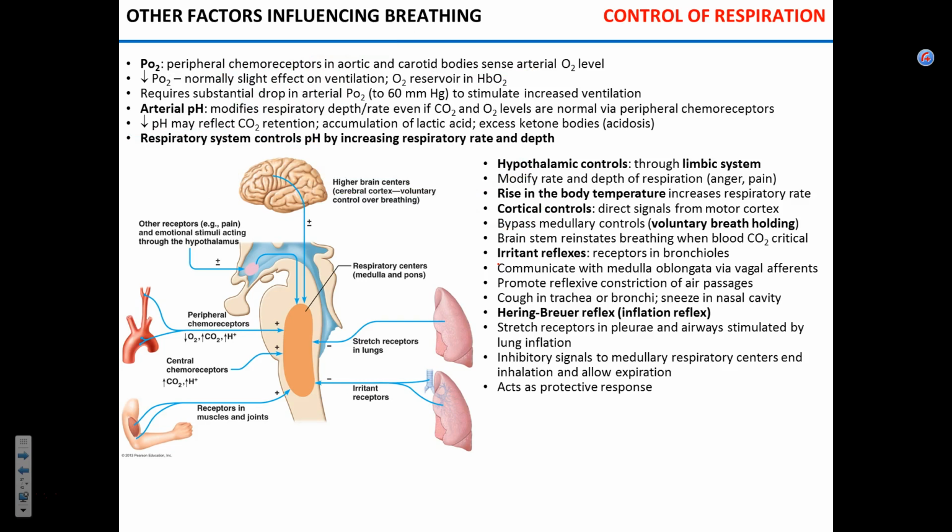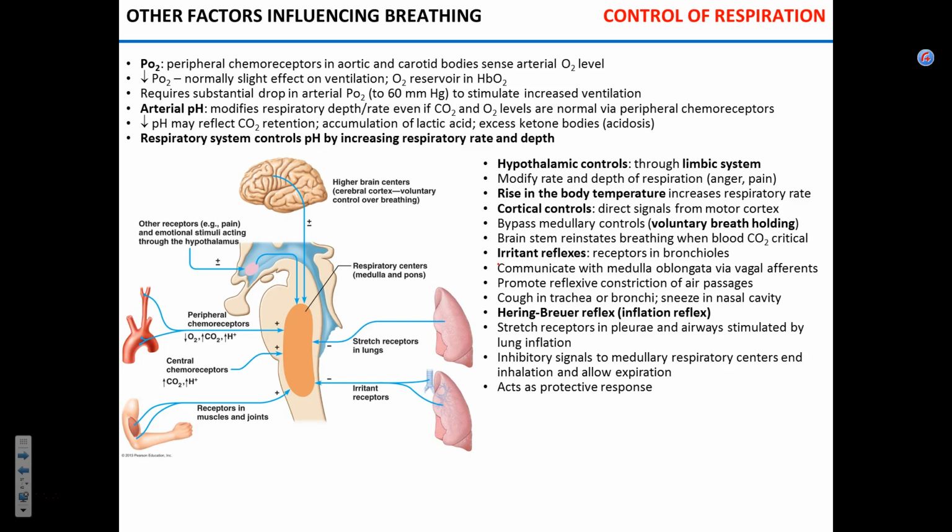Now, other factors. Oxygen concentration. Not really important. Can you tell me why? Without looking, why is oxygen concentration in the plasma not a primary regulator of breathing rate and depth?